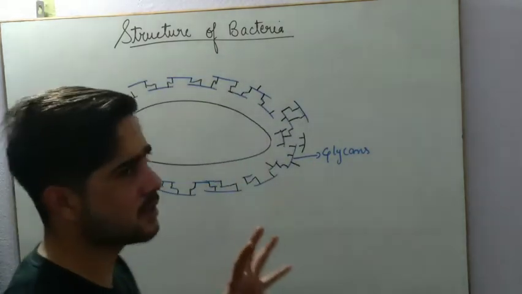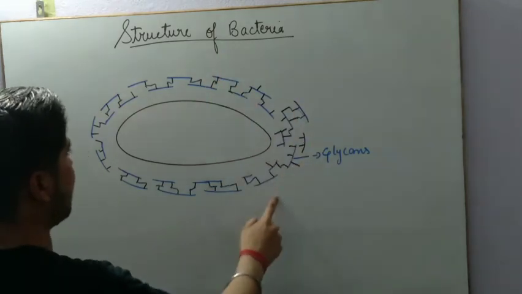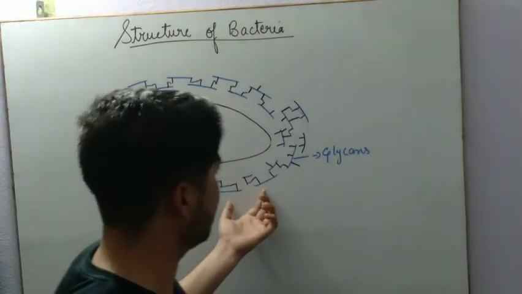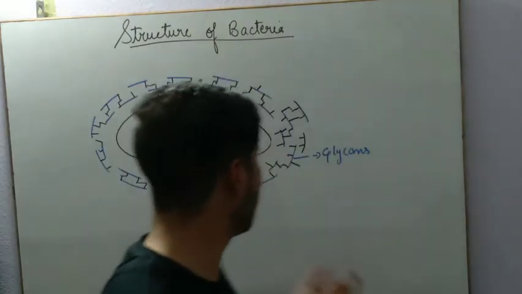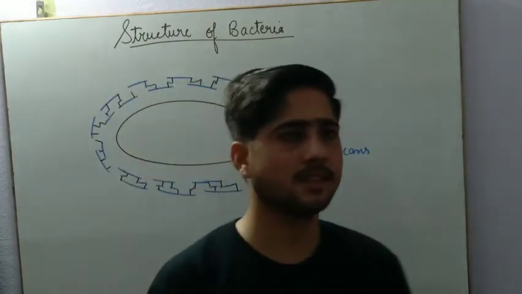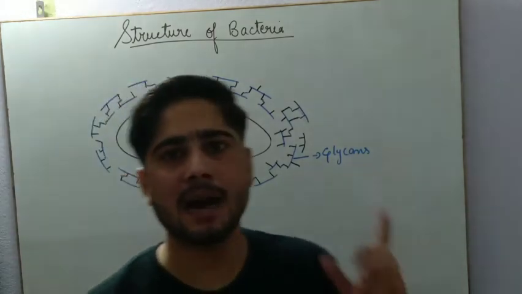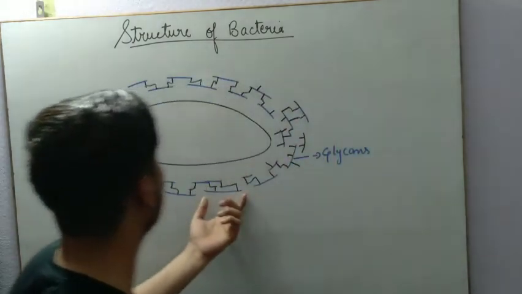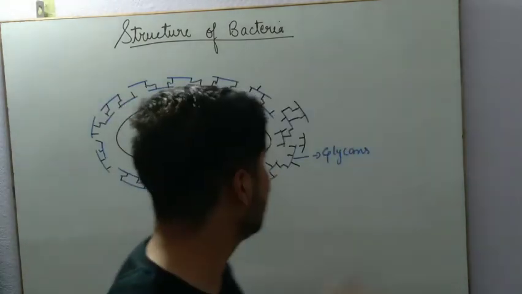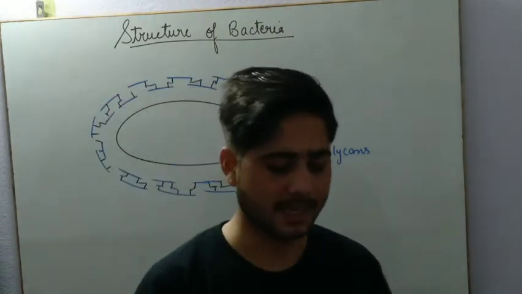This structure outside the cell membrane is not a number of separate peptidoglycans. It is one mega macromolecule of peptidoglycan, made from the sugar backbone and peptides.